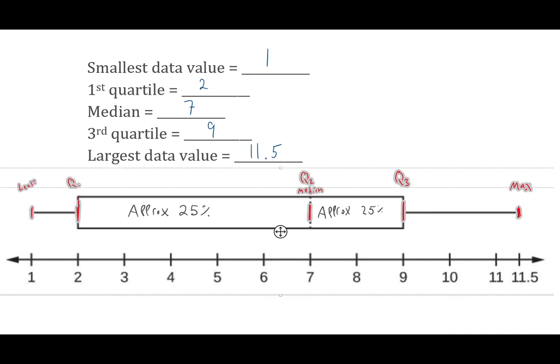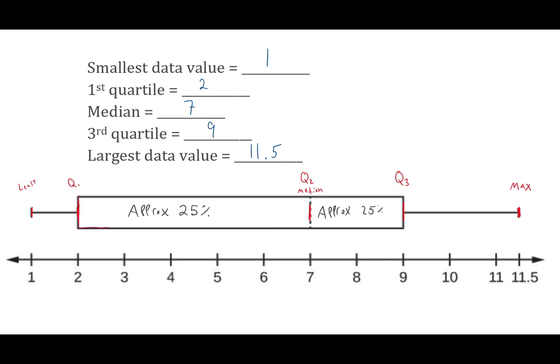We would connect the middle 3 lines with a box, hence why it's called a box and whisker. This middle box here represents the middle 50% of the data values.